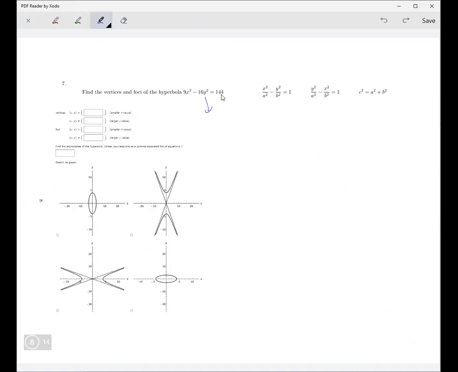So what I'm going to do is divide everything by 144. This gives me x squared over 16 minus y squared over 9 equals 1.